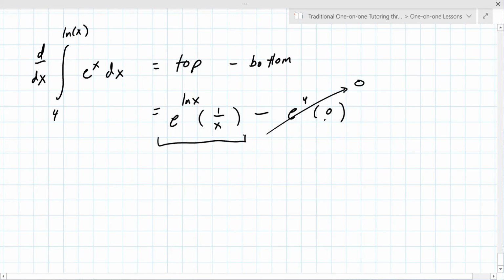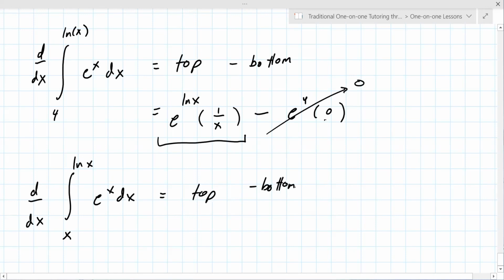I see. Okay, so now let's do a similar problem, but let's go integral from x to natural log of x, e to the x dx. So now there's a function on the top and the bottom. It's always been top minus bottom, we just have been ignoring this, but now you have to do the bottom too.